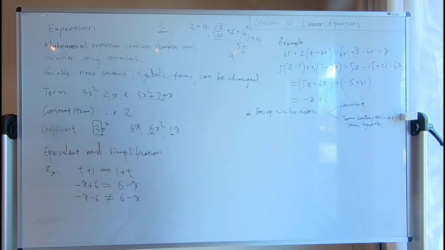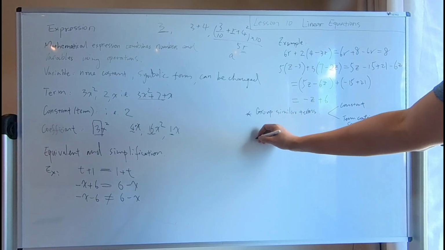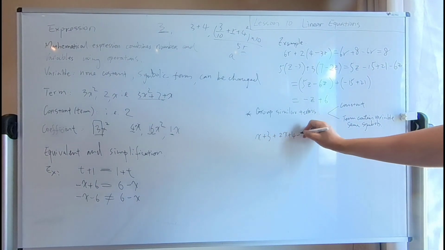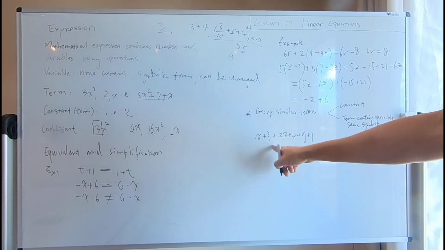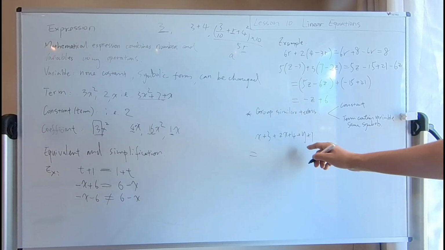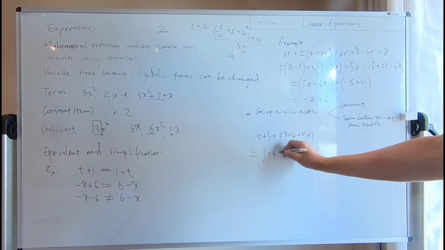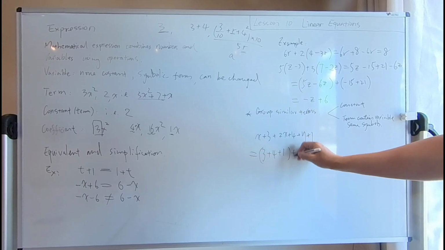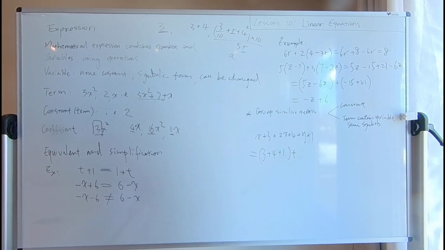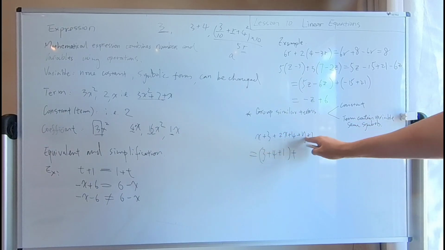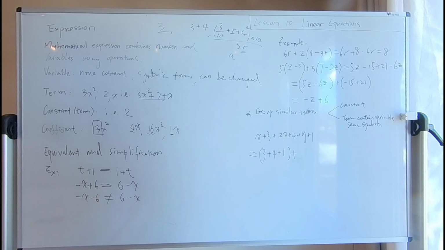Right, for example, if I have x plus 3 plus 2x plus 4 plus y plus 1, I group constants. This time I put the constants in the front, so the constant terms are 3 plus 4 plus 1, and then the terms that contain unknown variables are x, 2x, and y, but x and y cannot be put together because they are different symbols. They mean different variables.